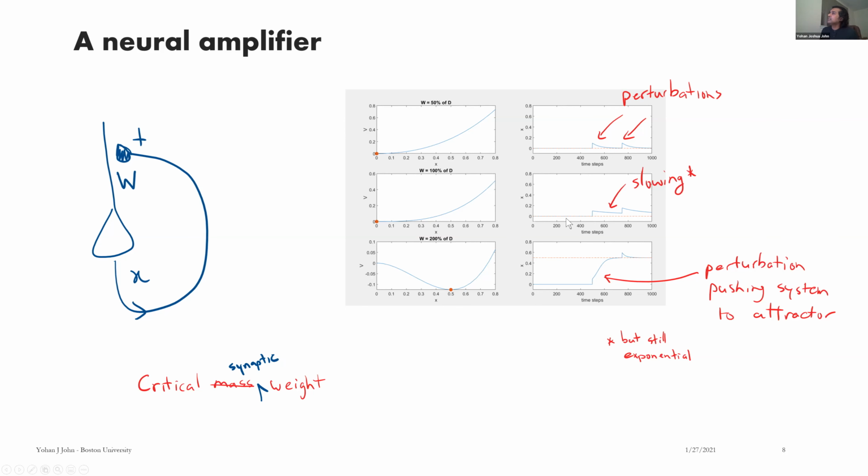And this is reflected in the fact that the exact same perturbation takes way longer to reach 0. In fact, by the time I reach the second bump, it still hasn't reached 0. But again, it's very, very slowly going back down to 0.